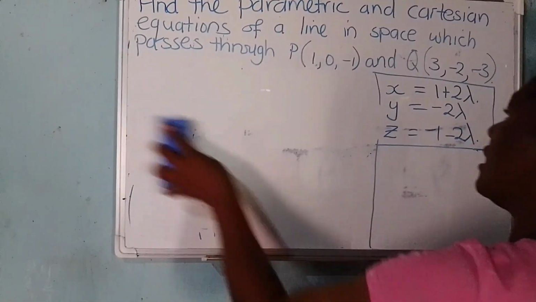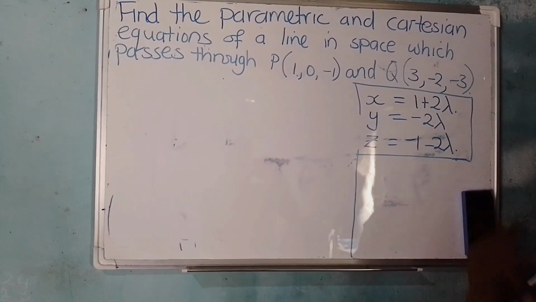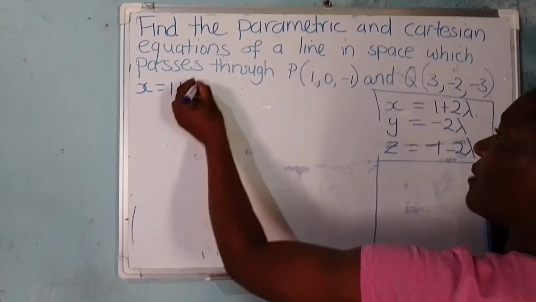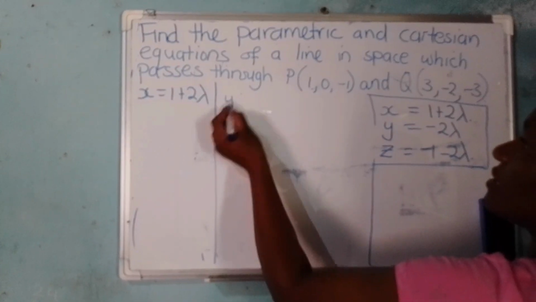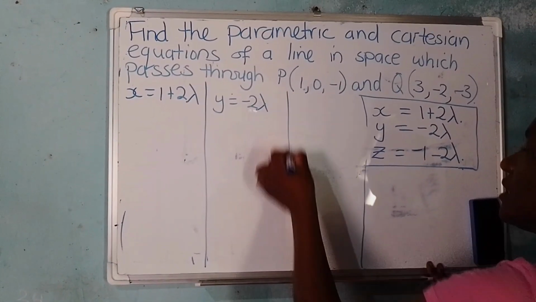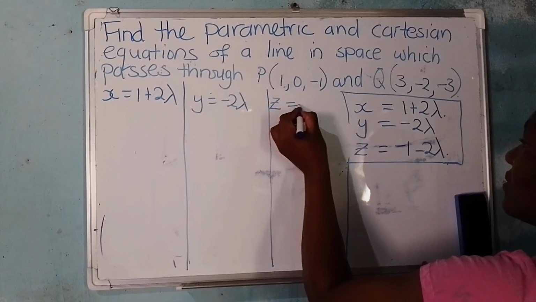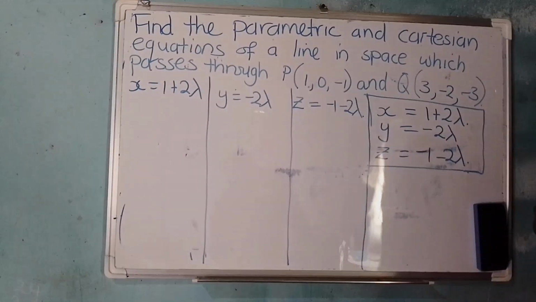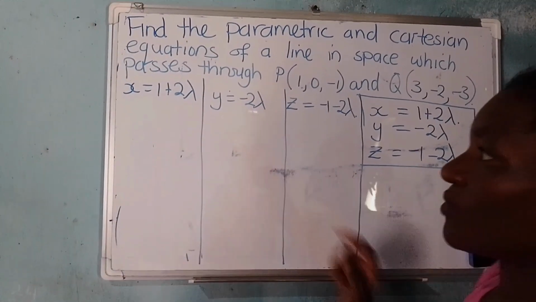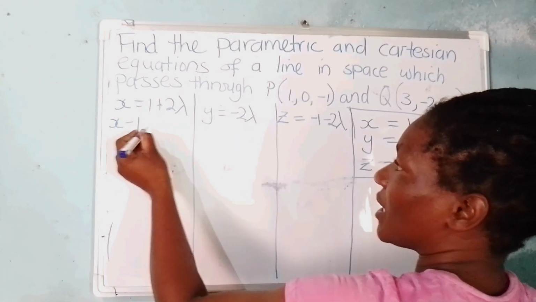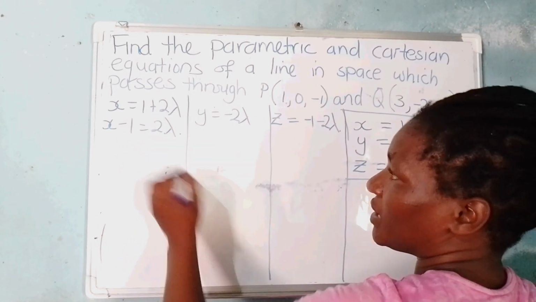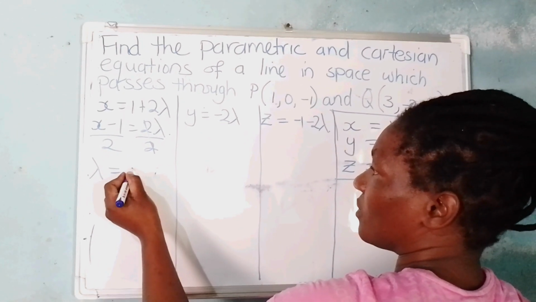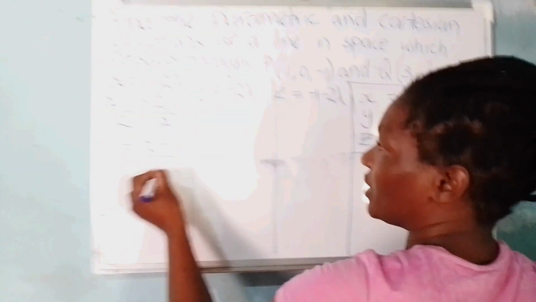Remember we said our parametric equations: x = 1 + 2λ, y = -2λ, and z = -1 - 2λ. Making λ the subject, we are going to have x - 1 = 2λ. Then we divide both sides by 2. So λ is going to be equal to (x - 1)/2.